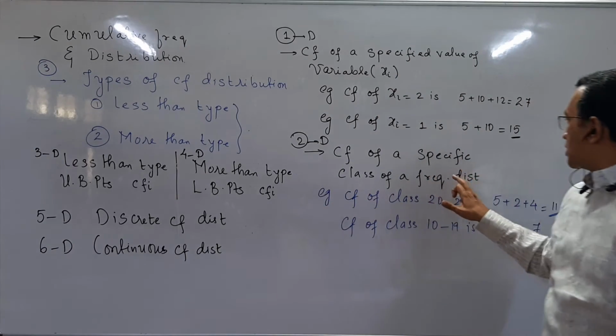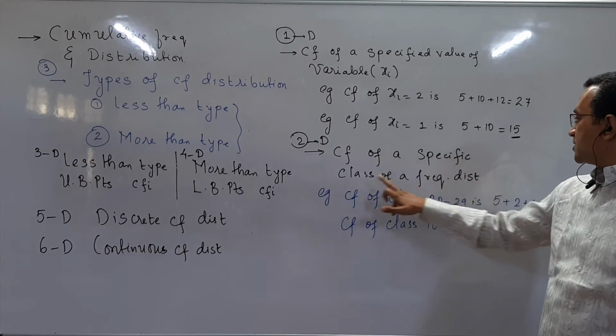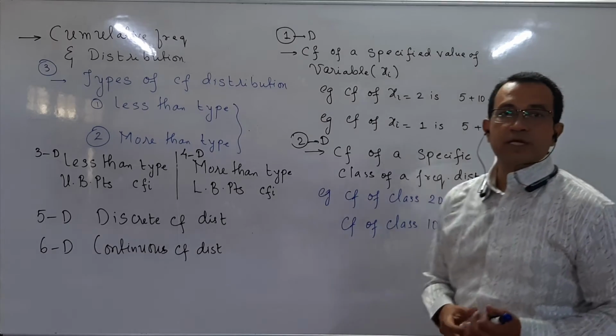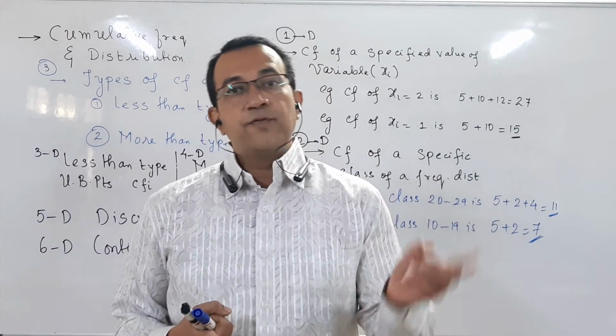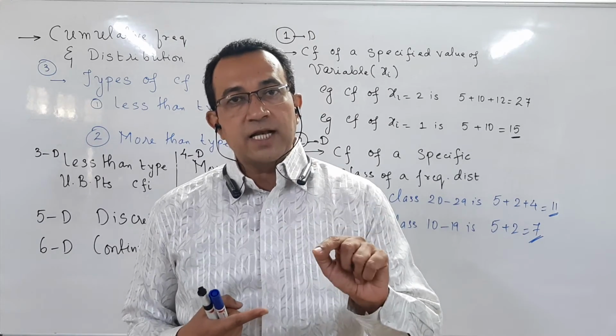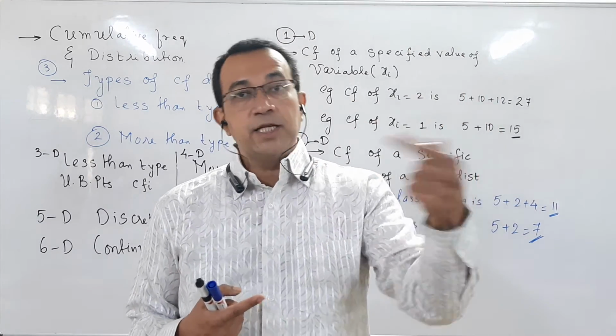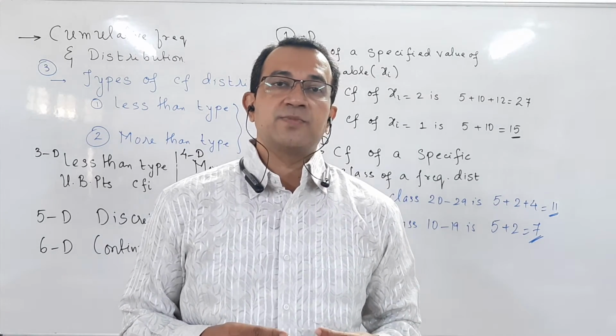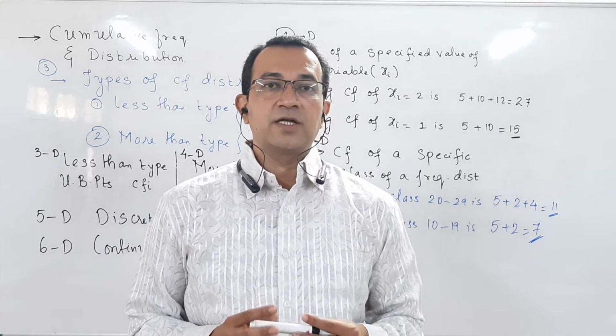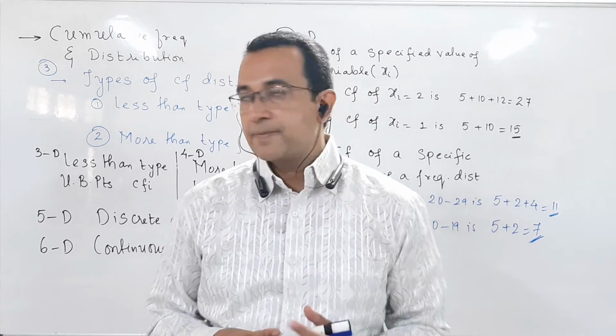Second definition, what is cumulative frequency of a specific class of a frequency distribution? The sum of frequencies of all the classes above that class and including that class is called cumulative frequency of that specific class of a frequency distribution.